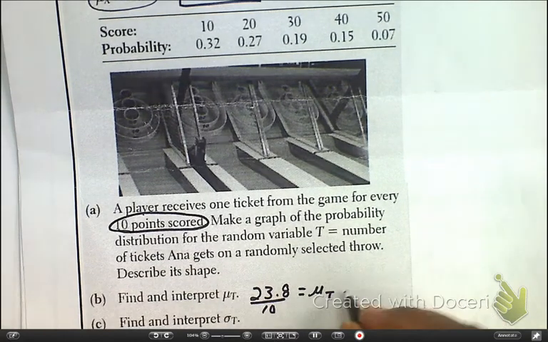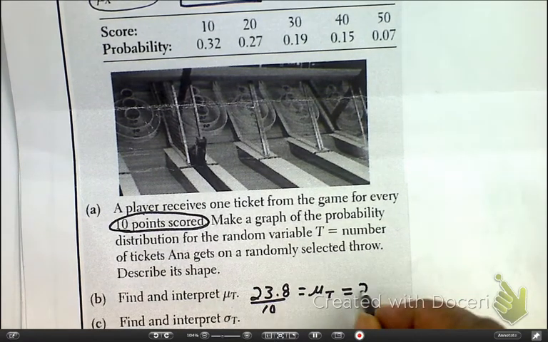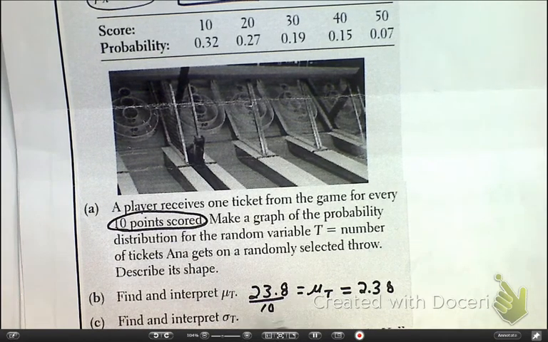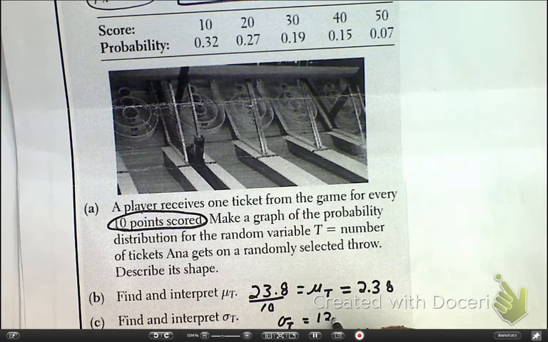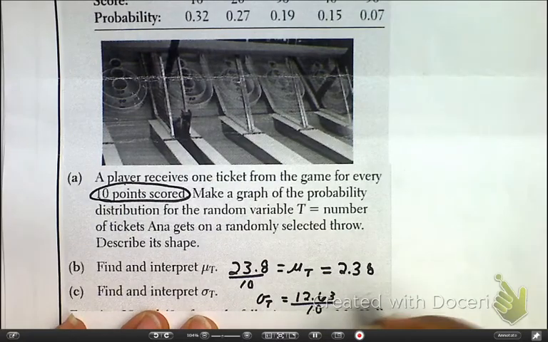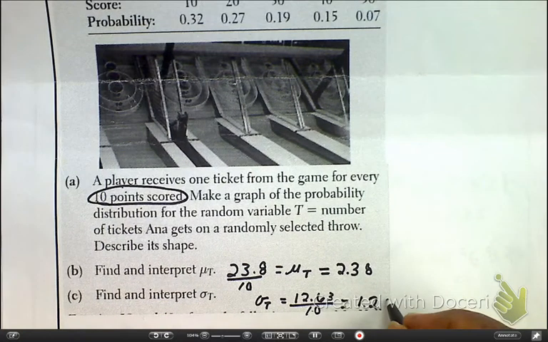So that means it is going to be 2.38. Standard deviation is the exact same thing. Here, as we're looking at the standard deviation of the number of tickets, it is going to be the 12.63. But again, since we're talking about every 10, we're going to divide that to get 1.263.